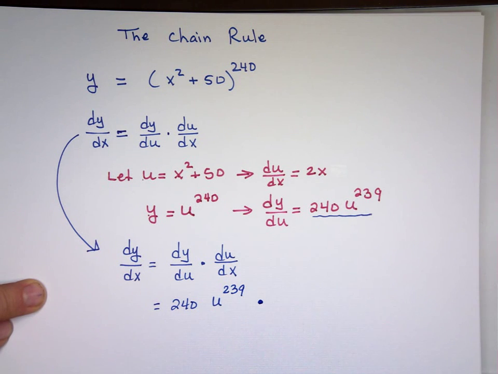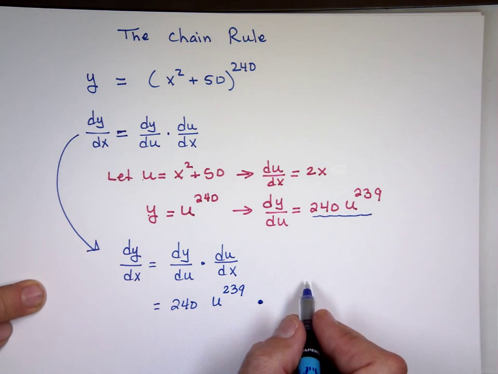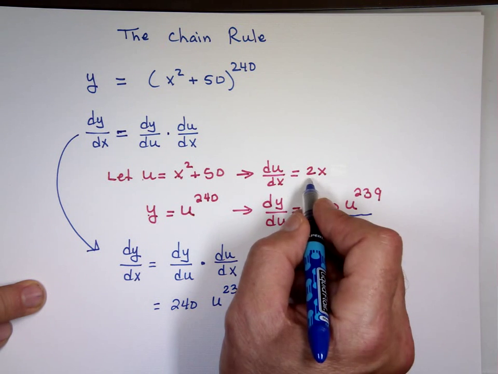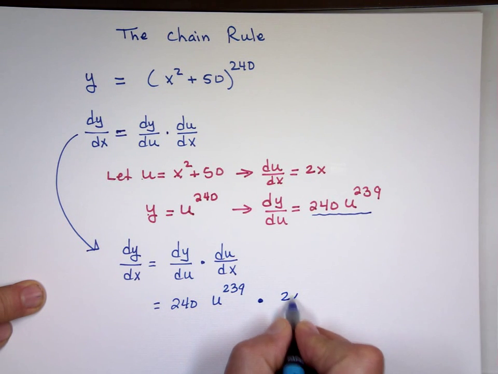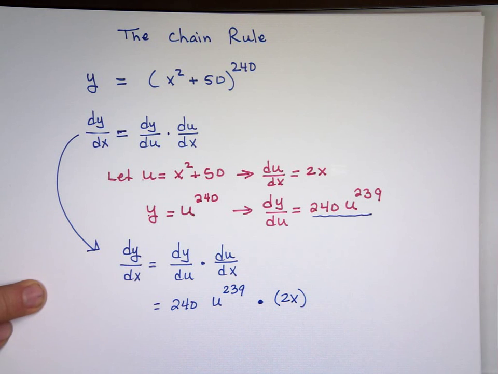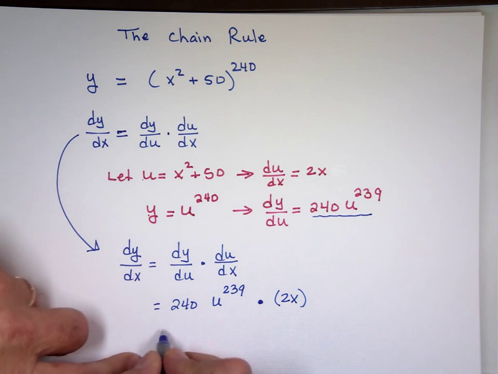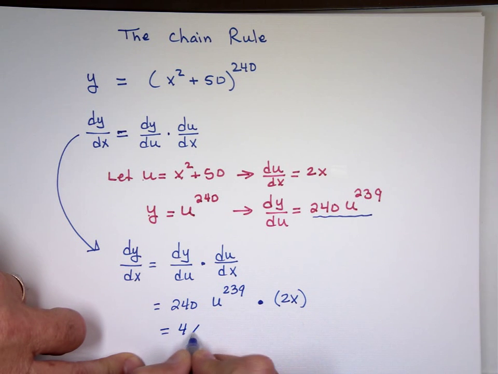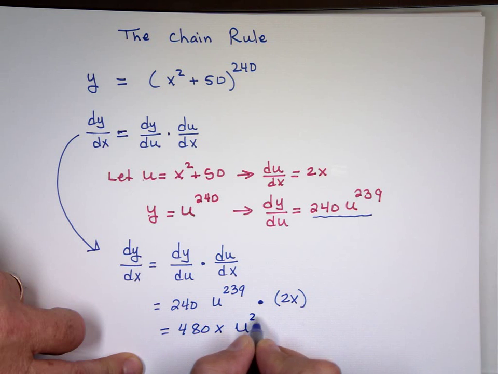Times, what is du/dx? Isn't it 2x? What's 2x times 240? Is that 480x times u to the power of 239.